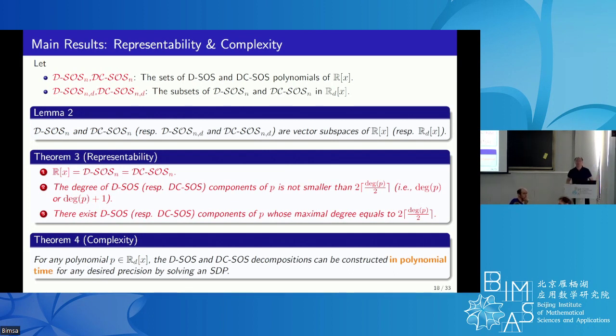Just to check something: all these algorithms are suitable for those polynomials that can be decomposed, right? No, any polynomial can be decomposed. In Theorem 3, the first line shows that any polynomial can be decomposed.